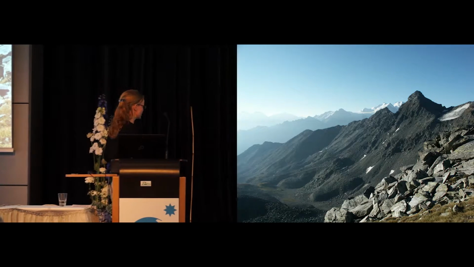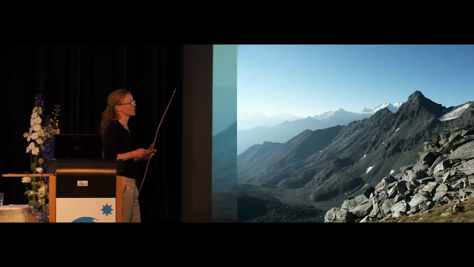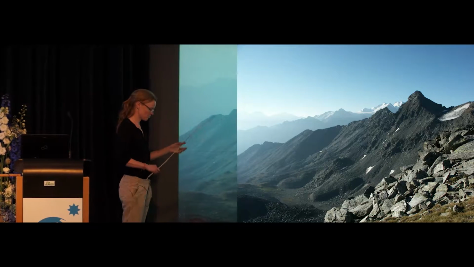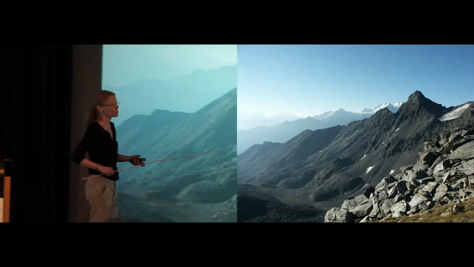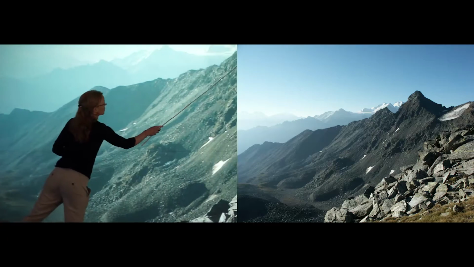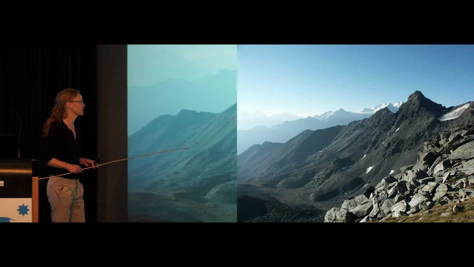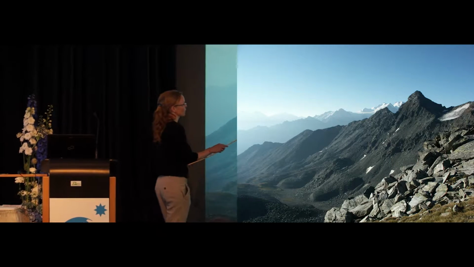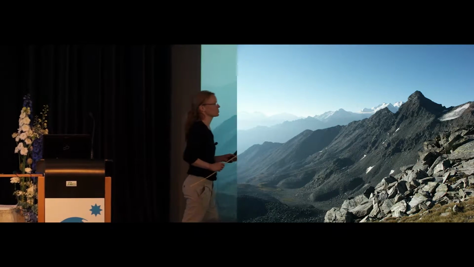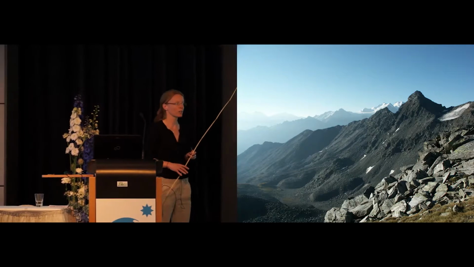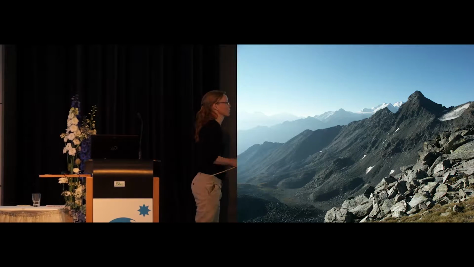If you look at this landscape, it's a view in the Swiss Alps, of course. You see here the Dom, which is the highest peak entirely situated on Swiss terrain. You see several mountain ridges, so you see the large-scale topography and also small-scale topography.